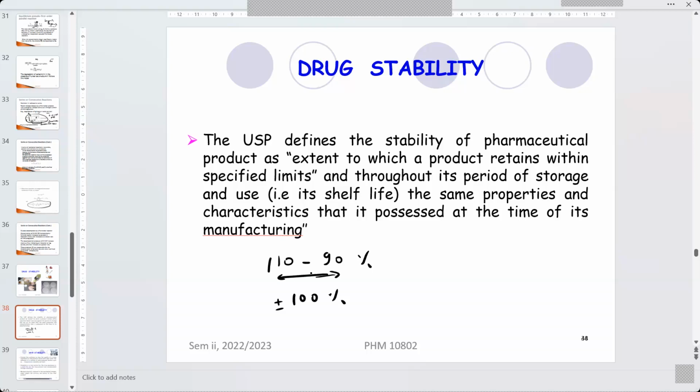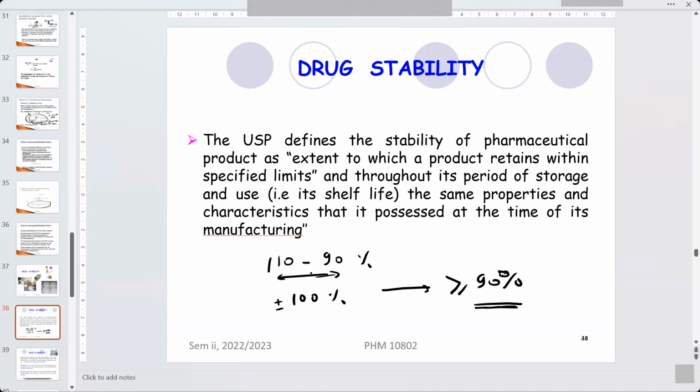During the shelf life, the period of storage, it should not be less than 90%. So it should be more than or equal to 90%. If within this limit, then I say the drug is stable. Below this, I say the drug is not stable. Not stable means expired, cannot be used anymore.